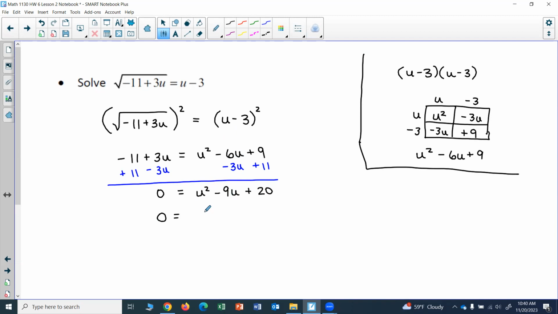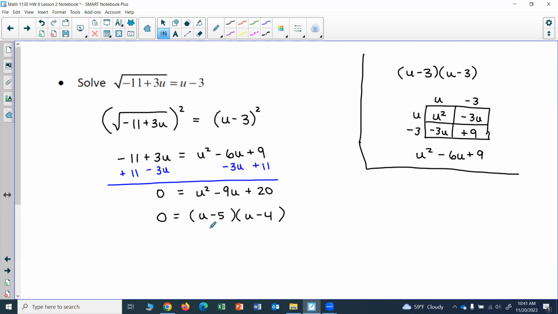If you're using factoring, then because you have no coefficient written in front of the squared term, you can just look for two numbers that multiply to be positive 20 and add to be negative 9. So for example, if I had negative 5 and negative 4, those multiply to be positive 20, they add to be negative 9. You could check to make sure you got this correct by multiplying out u minus 5 times u minus 4.